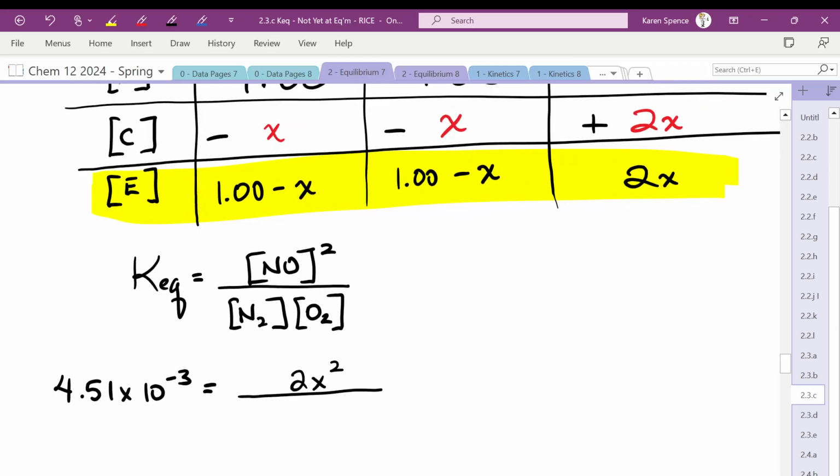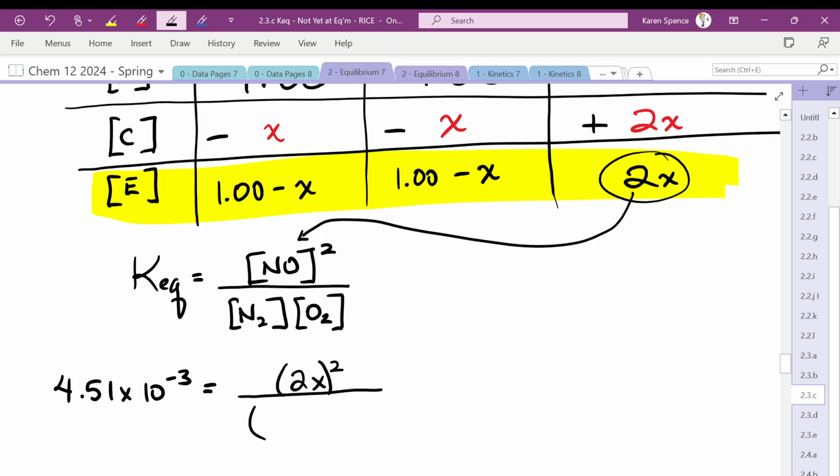What do you think? 2x squared like that? I've got 2x, and I'm substituting that in for my NO. What have I done wrong? I need to have brackets because I need to square the whole thing, the 2 and the x. Yes? Because the concentration is 2x, so I need to square the whole thing.